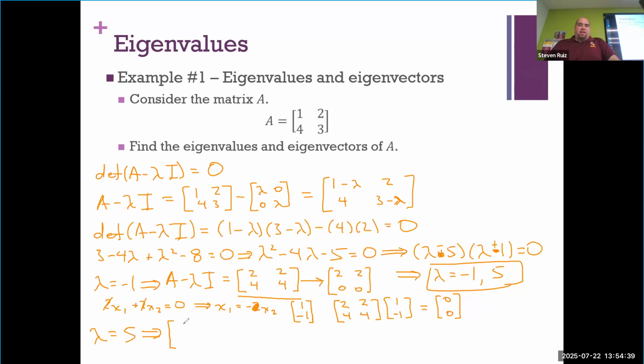Except now those values are going to change because I'm subtracting a different number. So minus 4, 2, 4, minus 2. I can tell that's linearly dependent, so we're good. So that's a good matrix. What should I do with it?